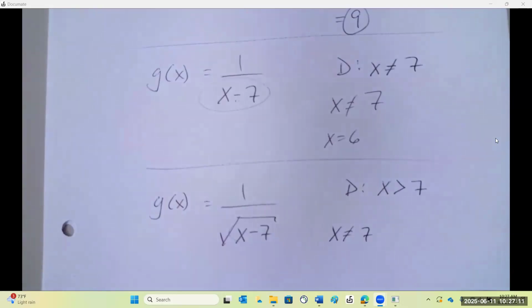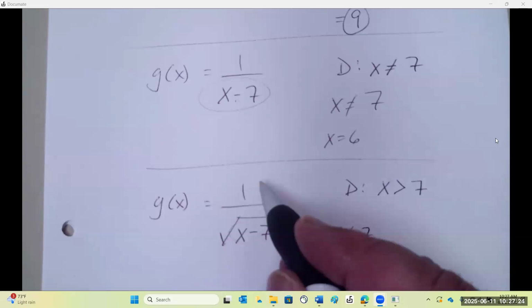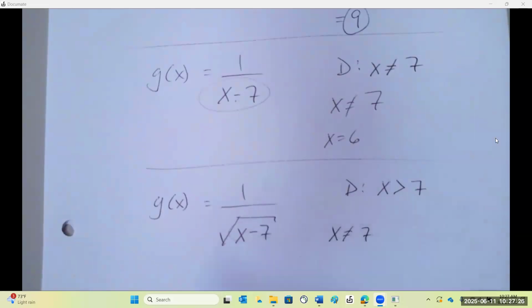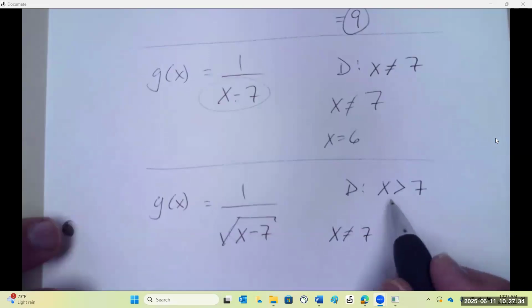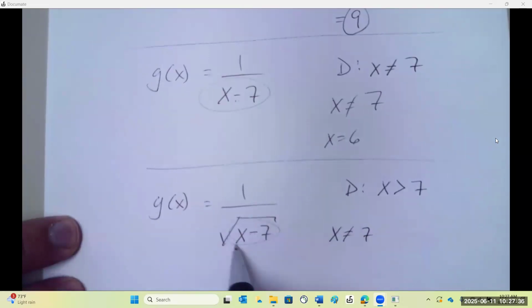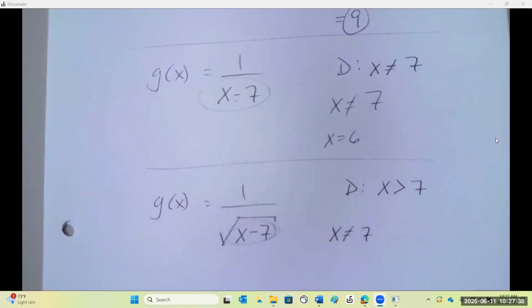Because we're building up our knowledge of these functions. In a square root, inside there, you cannot have a negative. But since it's on the bottom, you cannot have a negative now, and it cannot be 0. So we have to look at both of those conditions. So all of our x's have to make sure this is positive.